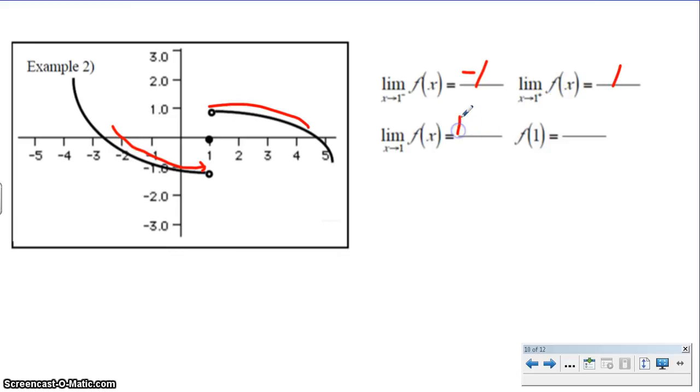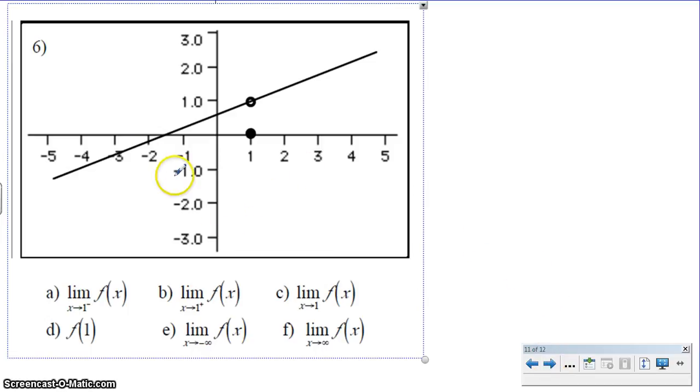Again, they are different, therefore the limit does not exist. However, if I look at f of 1, the value of f of 1 does exist. At f of 1 is this closed circle right here. So f of 1 has a y value of 0. Notice the difference there with the two of them.